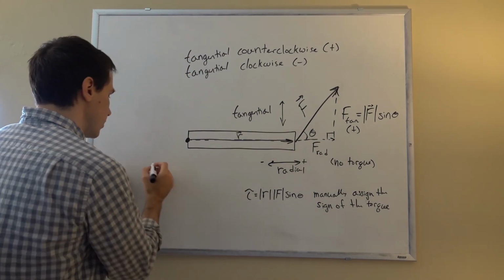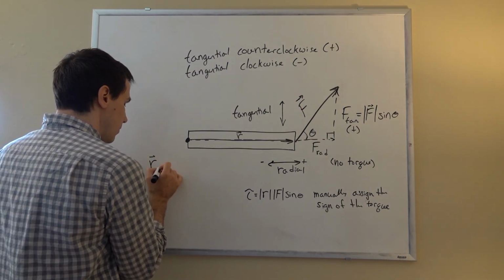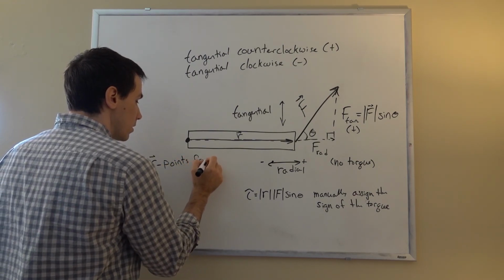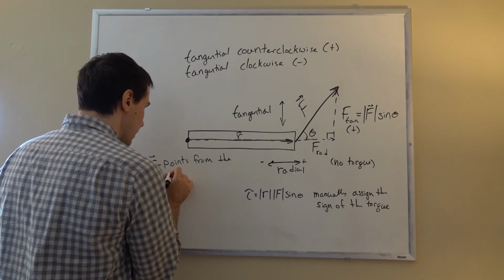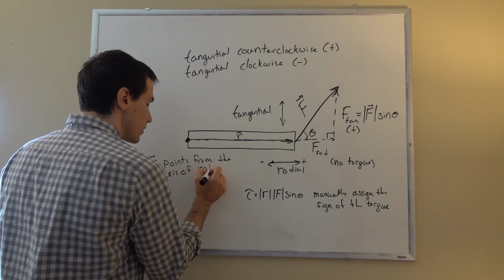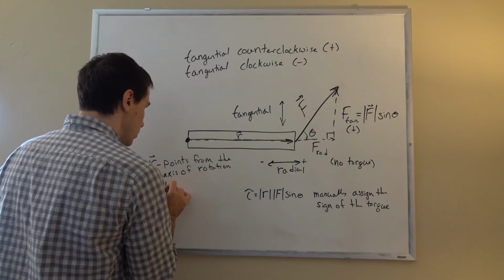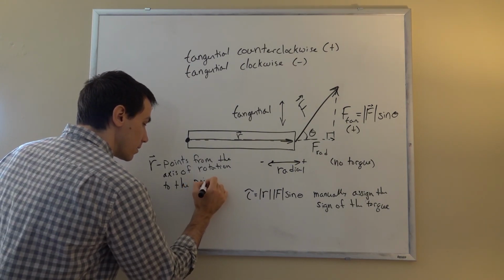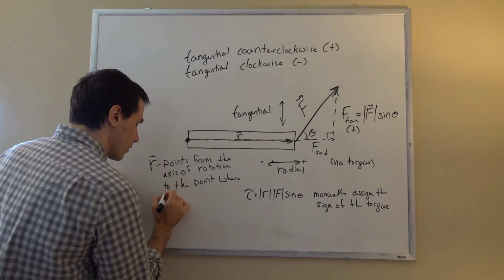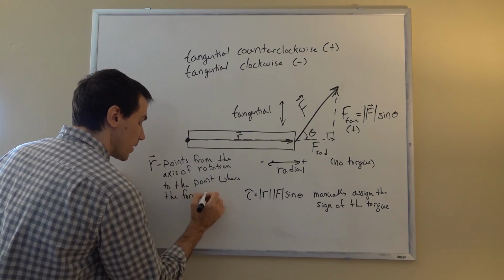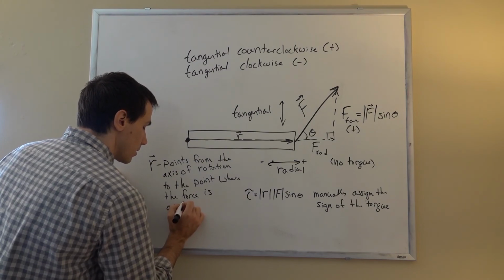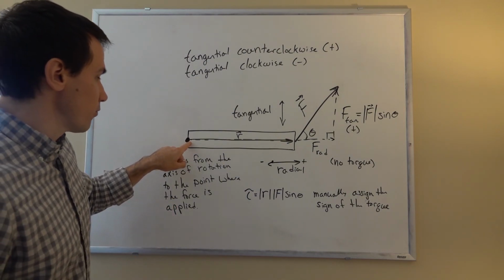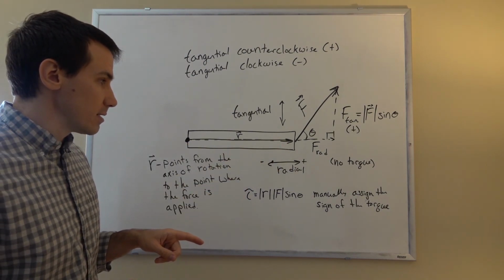So R, this vector, points from the axis of rotation to the point where the force is applied. So my R vector here points from the axis of rotation to where the force is applied.